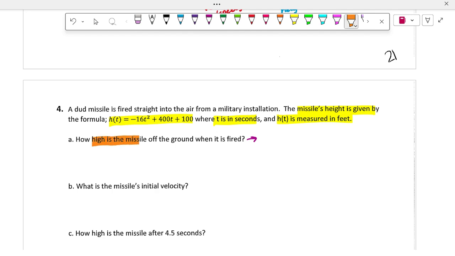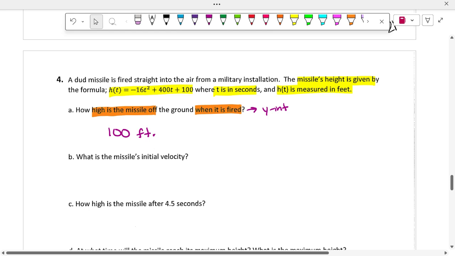The c value, which represents the y-intercept. So what will my answer be? 100 what? Feet. Gotta put units, guys.